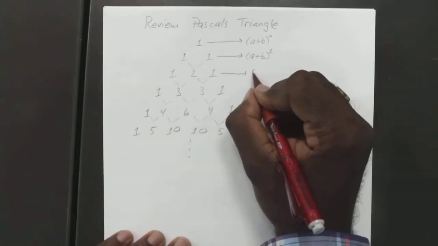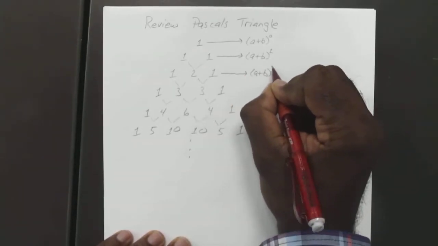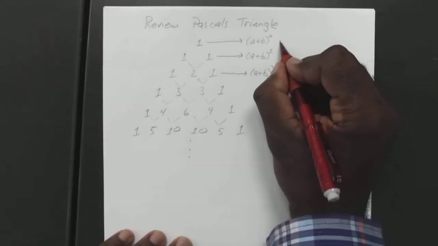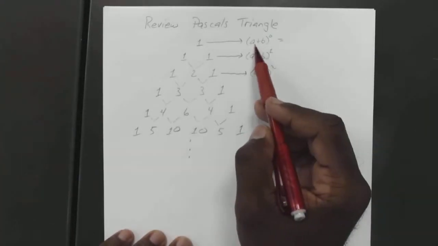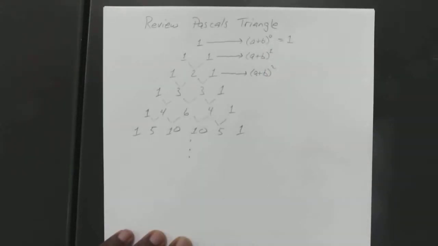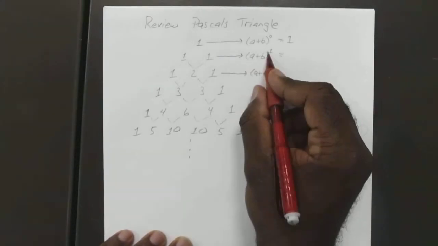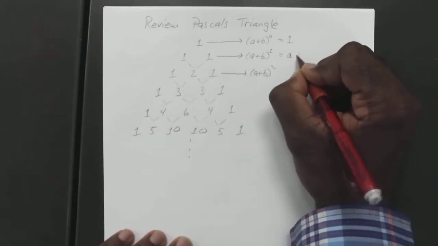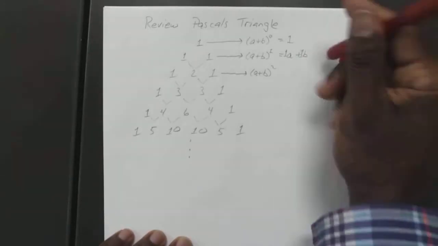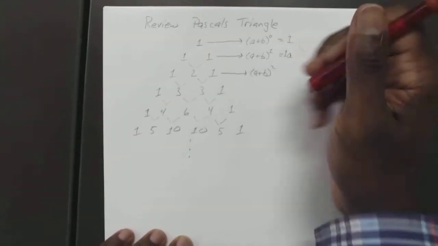This one here is a plus b squared. We'll start with this one. You notice here, anything to the power of 0 is just 1. A plus b to the first power is just a plus b, or you can say 1a plus 1b.